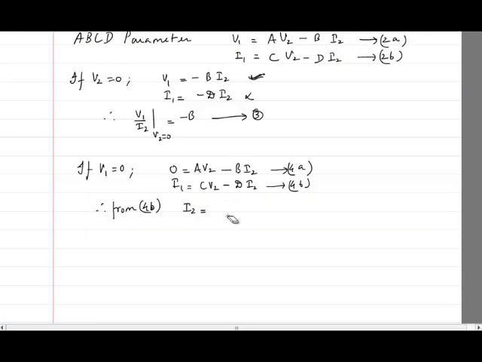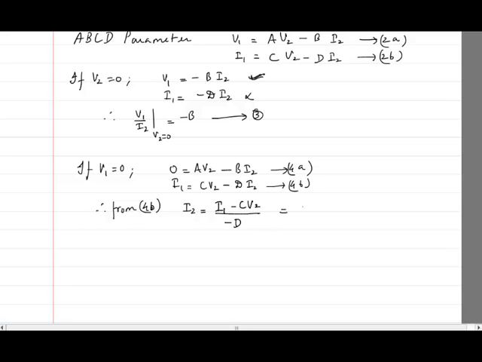So I2 is going to be, from 4B, and I had forgotten this minus, so I will write the minus here.